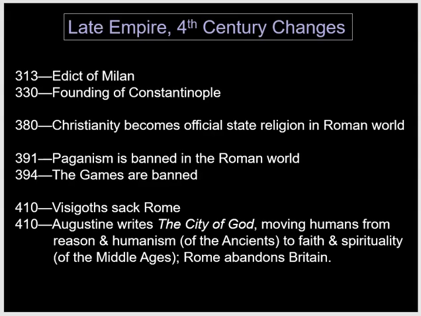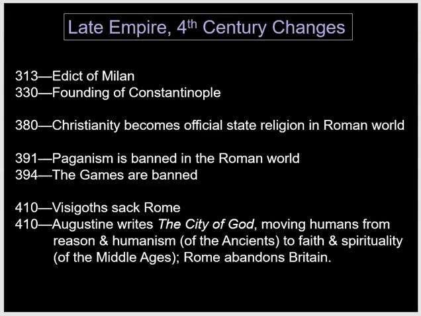One of the figures of the church, whose name is Augustine, steps forward to counter this reaction and writes a book, and I do want you to at least recognize the title of the book. It's called City of God, and with that single document, Augustine moves human beings from reason and humanism, and that was the foundation of the ancient world, to faith and spirituality, which is the foundation of the Middle Ages.